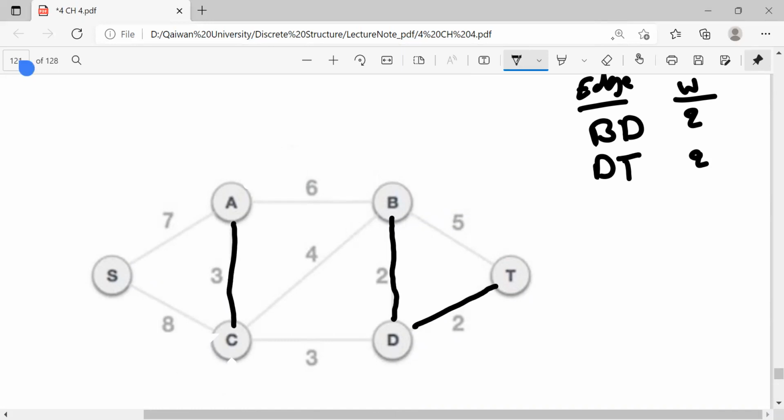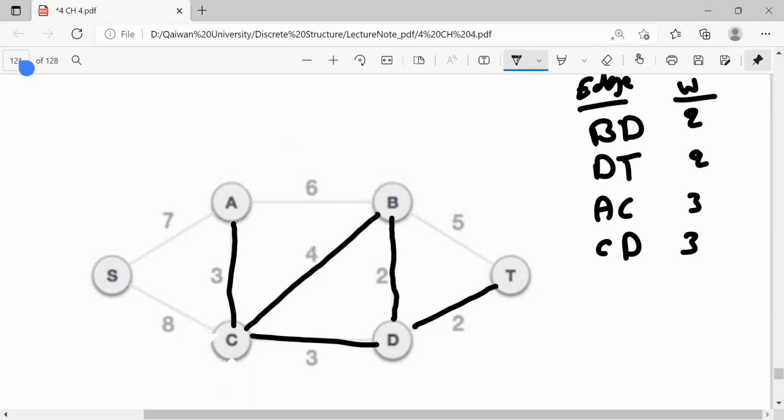Then bigger than 2, we have 3: AC and CD. In any order, it's okay, CD first or AC first. Let's say AC, it's 3. CD is 3 also. For weight 4, we have only this edge, CB. Its weight is 4.